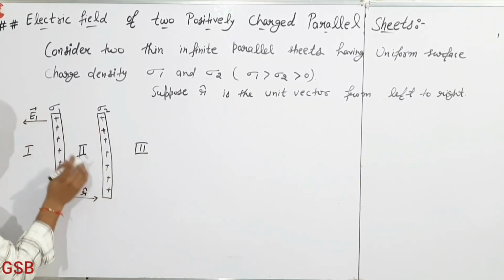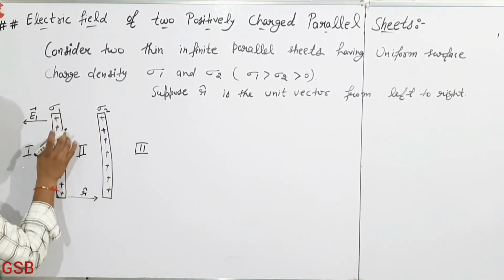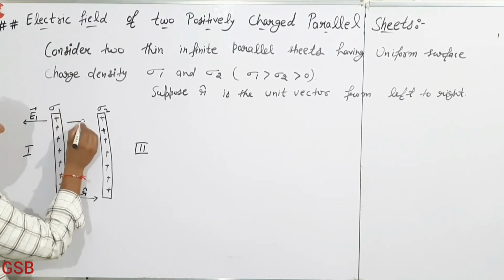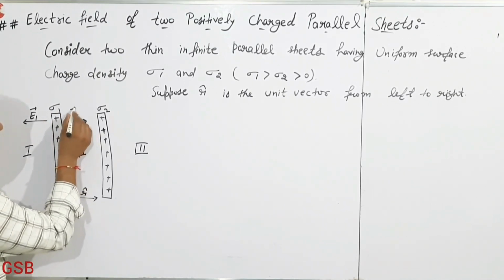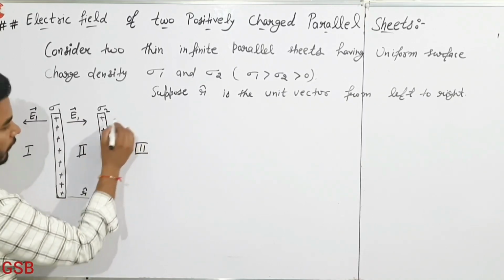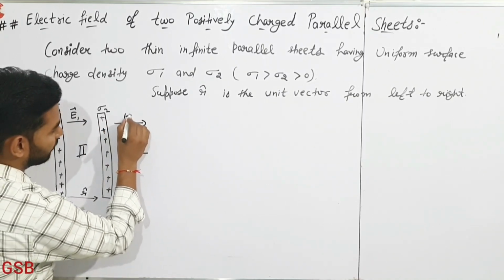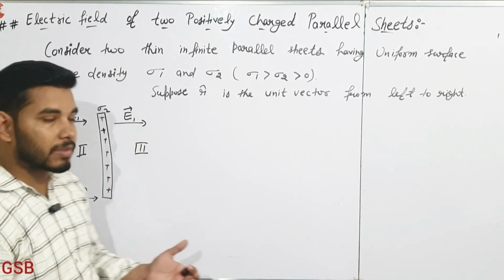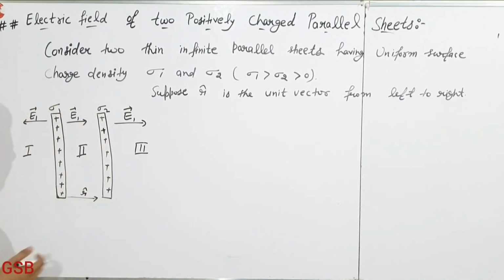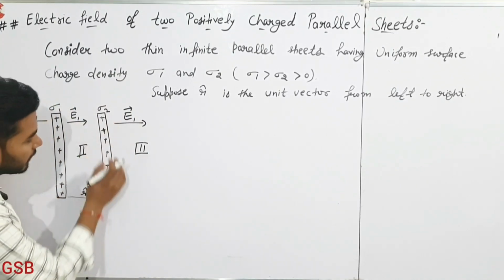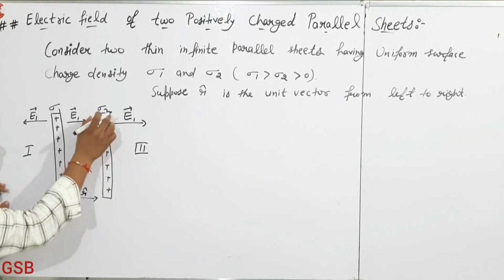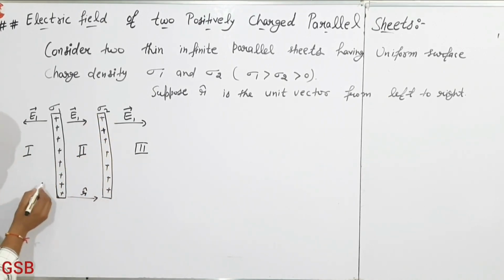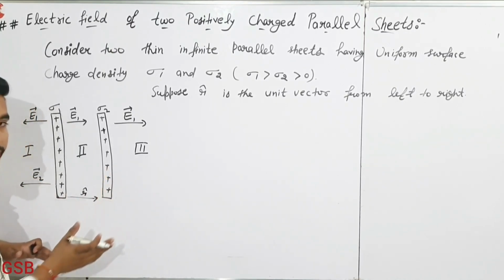In the second region the electric field due to the first plate is from left to right, E1. In the third region it is also from left to right. Now we consider the electric field due to sigma 2 as E2. In the first region, E2 is from right to left, because electric field lines are outward from a positive surface.